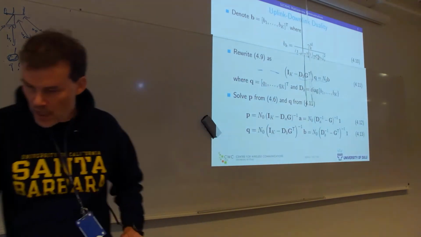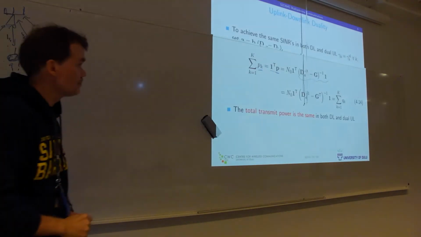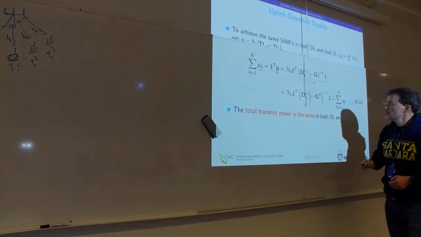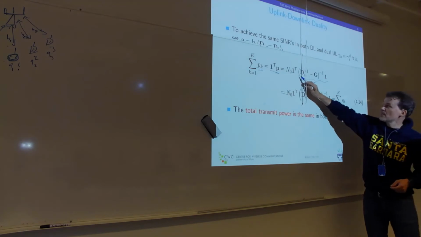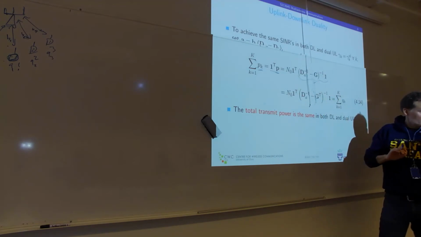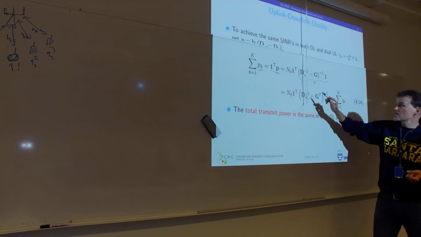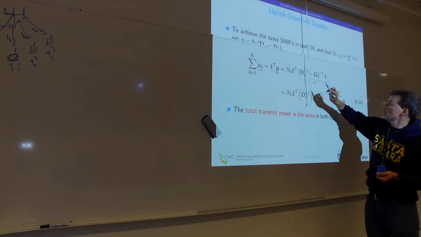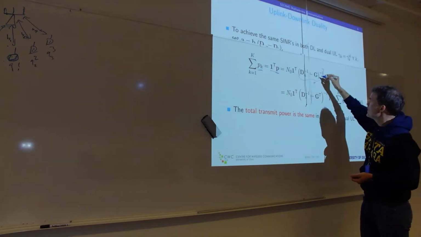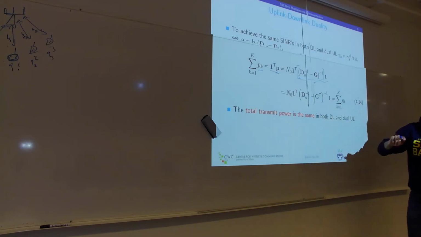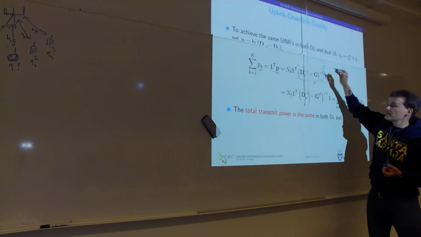Right, so now we plug in the rewritten formula here. So we have this matrix inverse, which is multiplied by one vector from both sides. Right, so this is just a scalar value. So, without changing anything, we can take a transpose here.